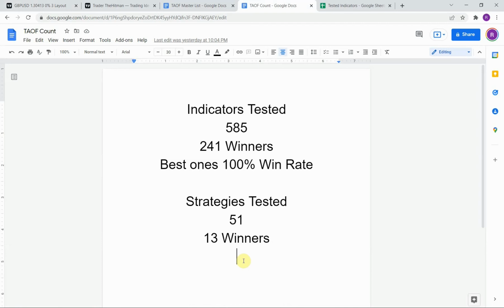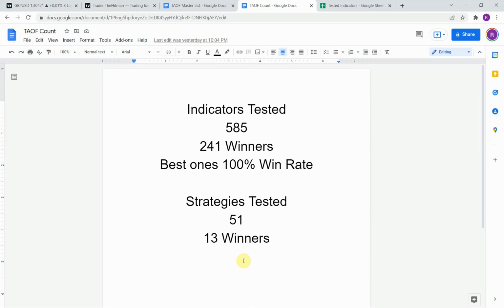We have also tested a total of 585 indicators, with 241 of them being winners. The best ones so far were able to achieve a 100% win rate. Now you need to go back and watch those videos to understand the context of how they were able to achieve that. So go back and watch those videos and see what you can get out of those winning indicators.